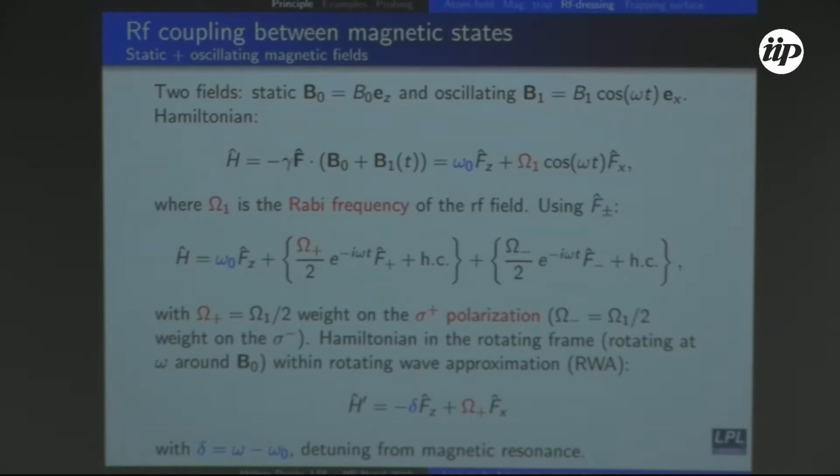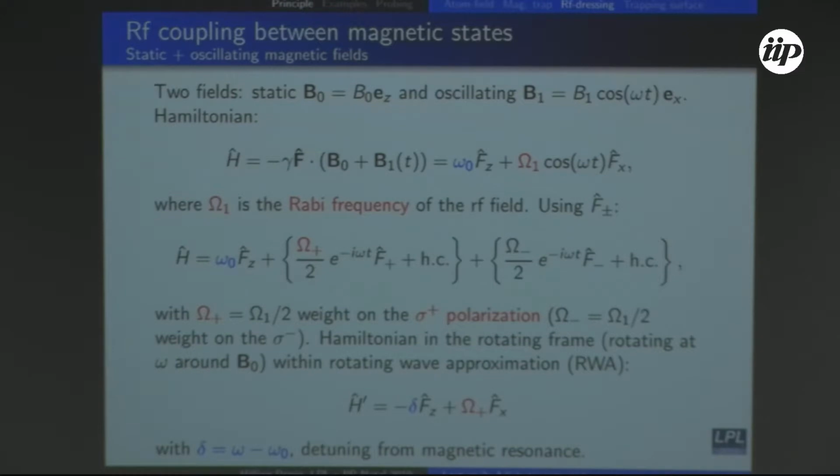But if I choose another polarization of the RF field, I can at will change the relative value of omega plus and omega minus. Omega plus is the weight on the sigma plus polarization, the one for which the RF field rotates in the same direction as the Larmor precession along the direction of my static field.